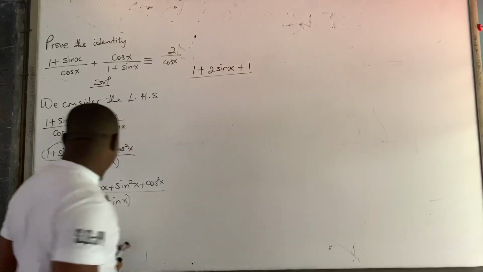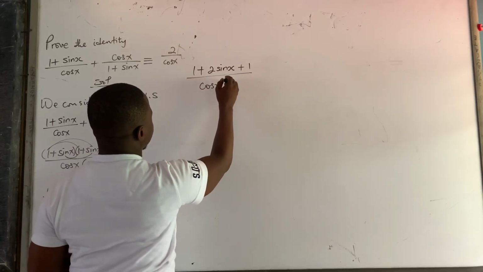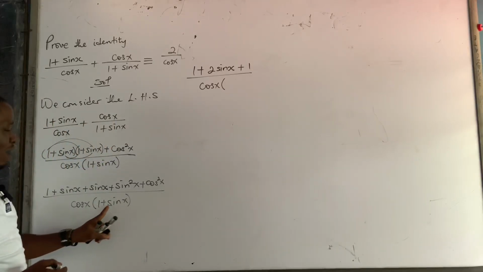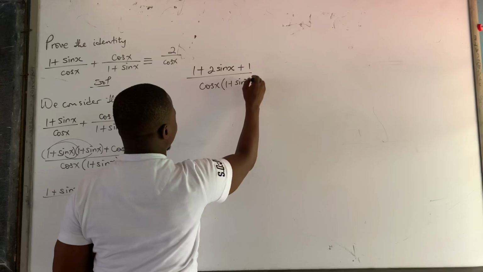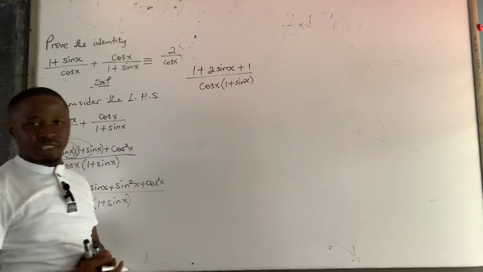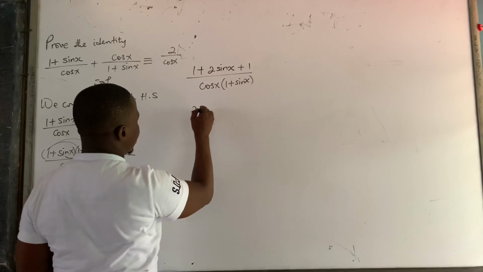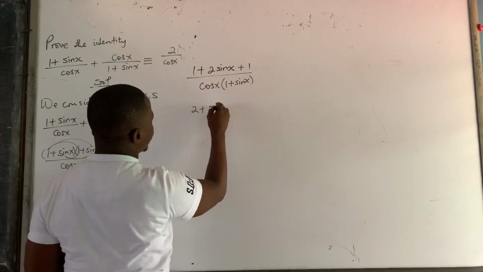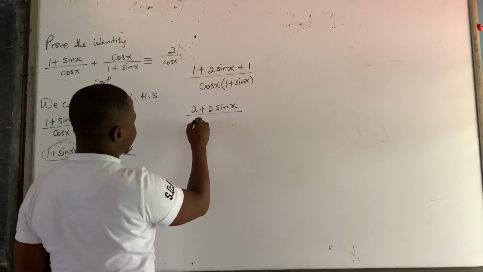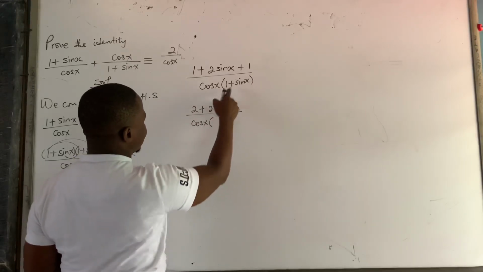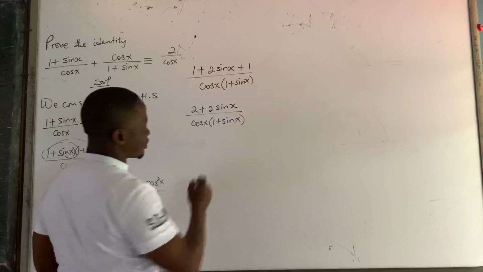So we divide by cos x multiplied by (1 + sin x). So 1 + 1 is 2, plus 2 sin x, over cos x multiplied by (1 + sin x).